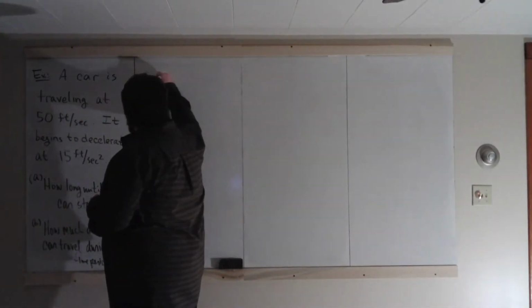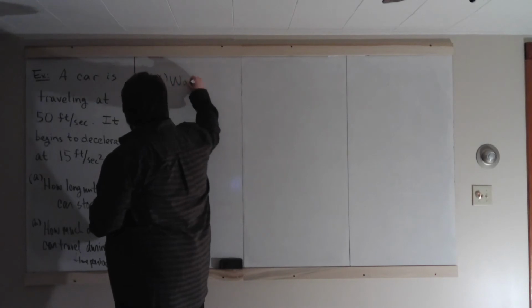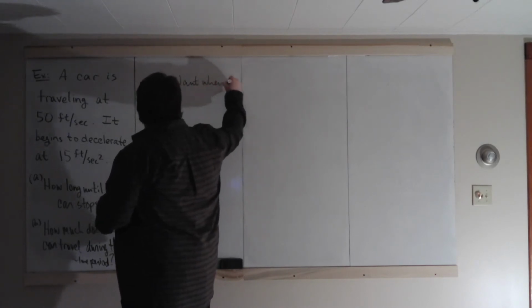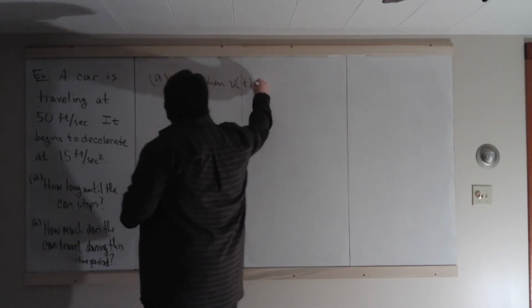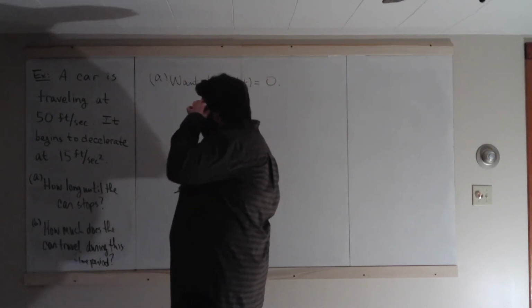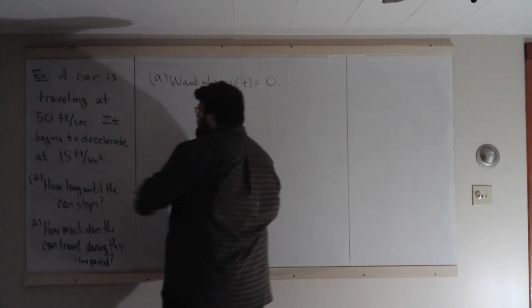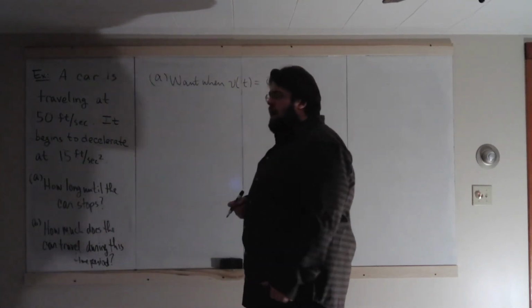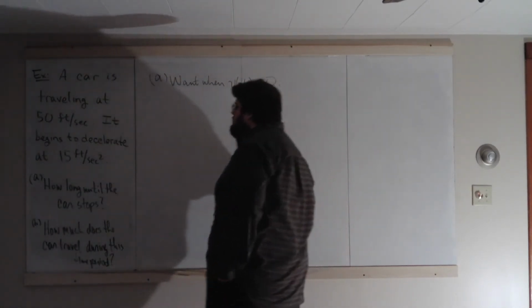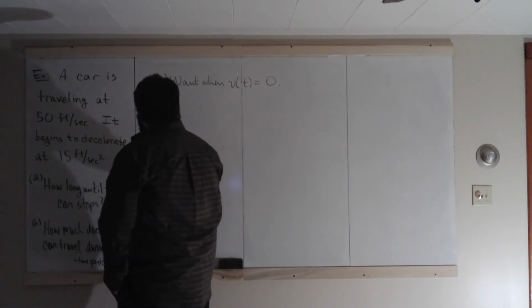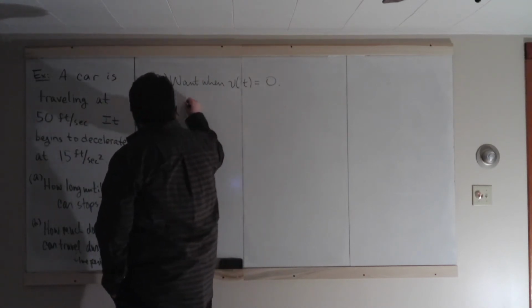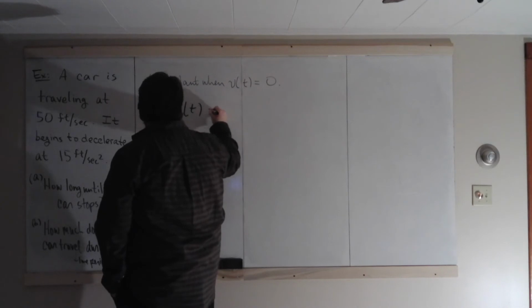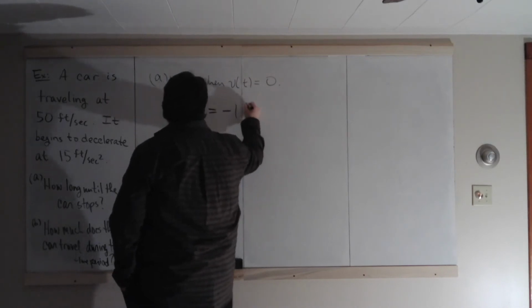So part A, we want when velocity, v of t, equals 0. Well, we don't have a velocity function during this deceleration period. We have a velocity function before that, which isn't really helpful yet. But all we have is that the car decelerates at 15 feet per second squared.